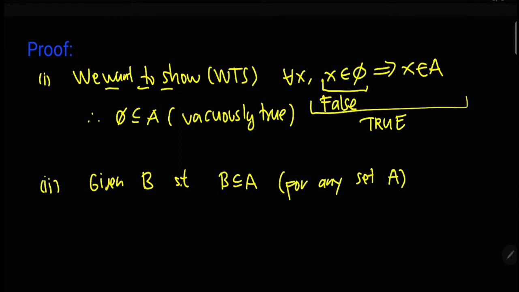In particular, because A is any set, we can conclude that B is a subset of the empty set. Again, because this says any set, we're just getting a particular set. So this is a particular case.